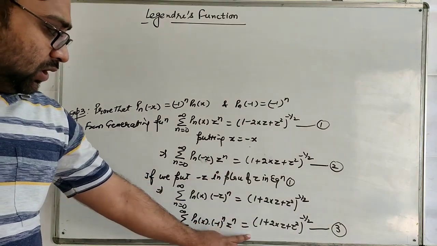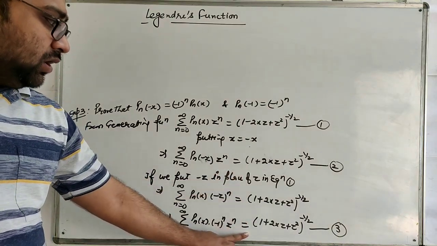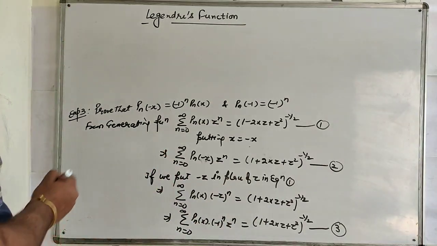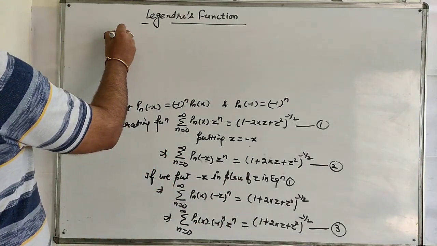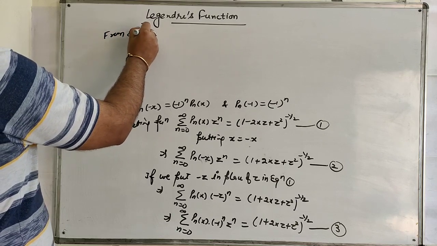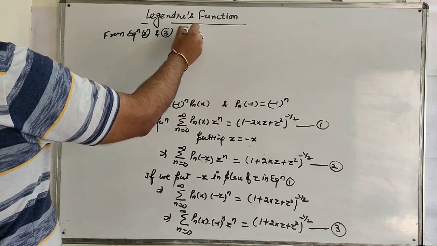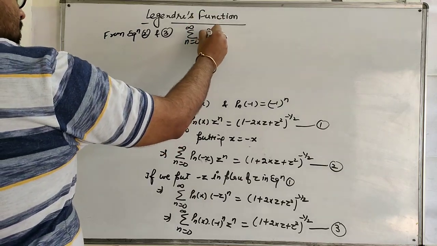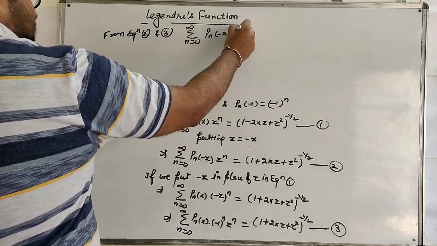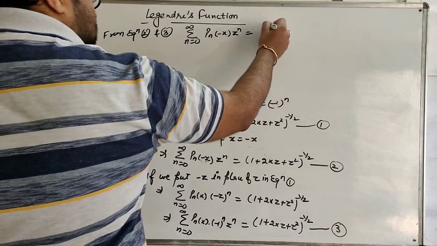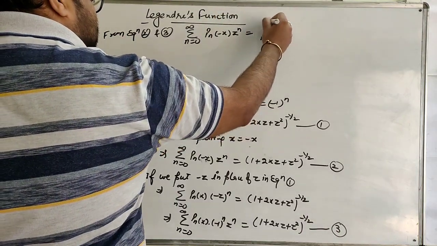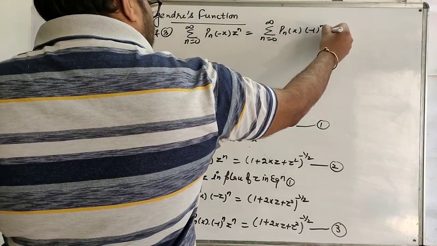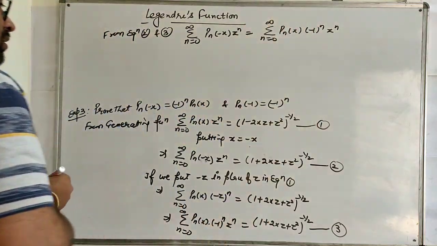From equation number 2 and 3, the RHS part is equal, so the LHS part will also be equal. So from equation 2 and 3, sigma n equals 0 to infinity Pn(minus x) z raised to power n is equal to sigma n equals 0 to infinity Pn(x) (minus 1) power n z raised to power n.